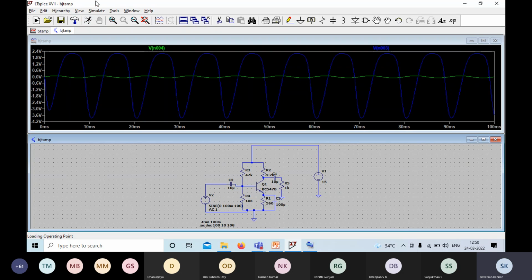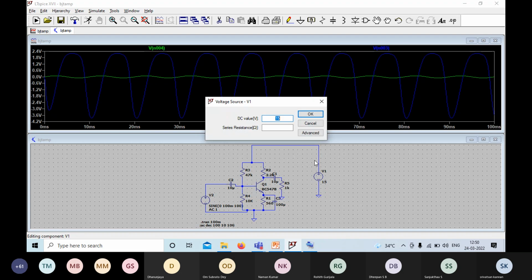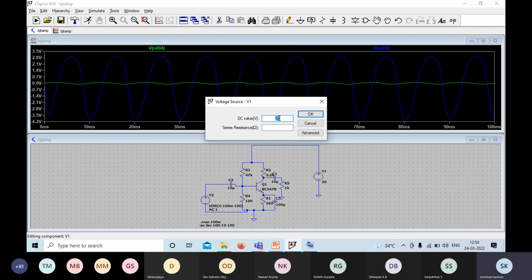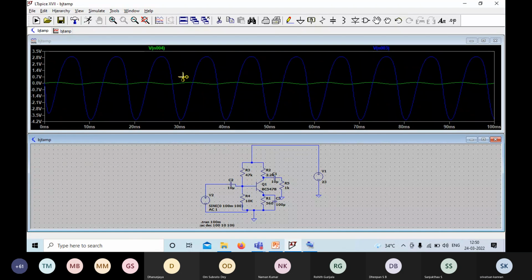For example, if I increase this power supply voltage to 25 or 23, you have to choose the proper Q point value for proper operation of the transistor amplifier.